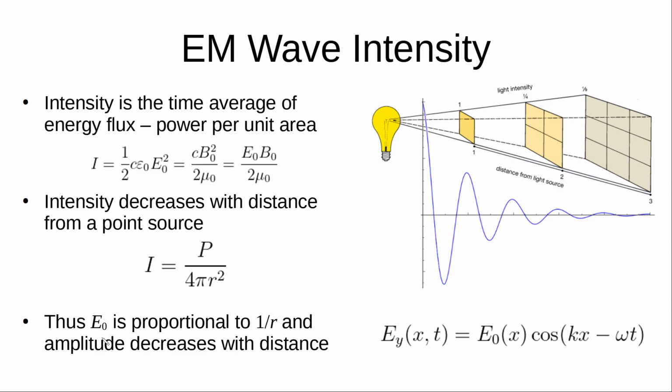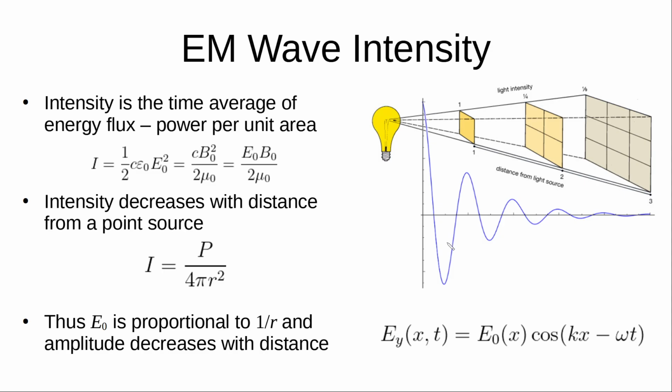So based on this, we could actually see that the electric field amplitude is inversely proportional to distance, and we can express our electric field amplitude as having a dependence on distance.